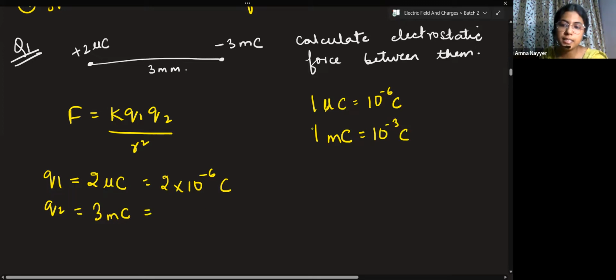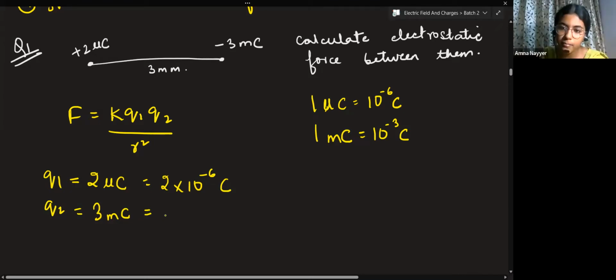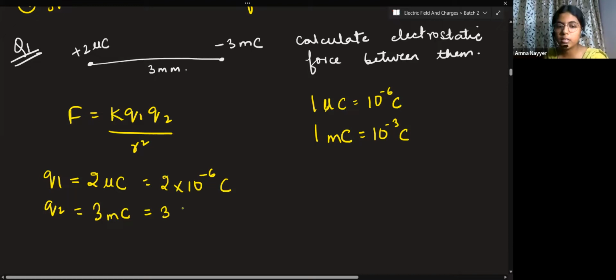Hamza, is this clear? Conversions? Yes, ma'am. So if it is 3 millicoulomb, how would I write it? 3 into 10 to the power minus 3. Correct. So this will be 3 into 10 to the power minus 3 coulomb. Q1 was in micro, so we converted, and Q2 was in milli, so we converted. Also separation.